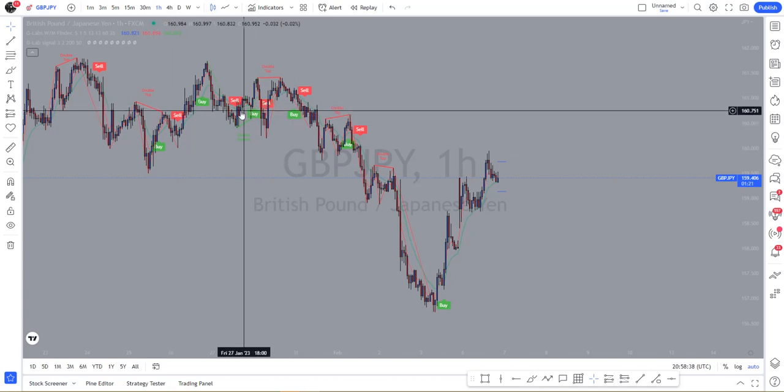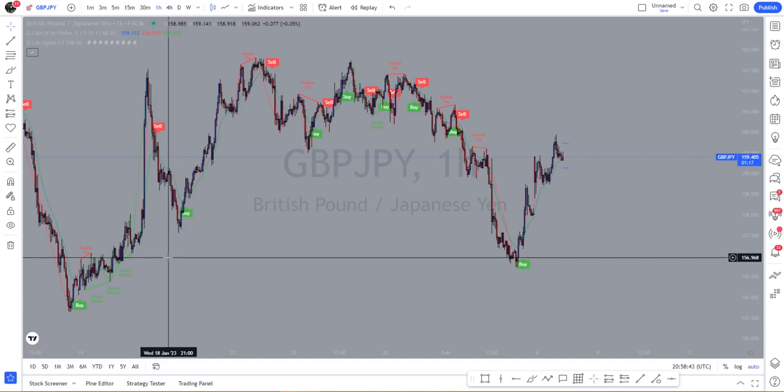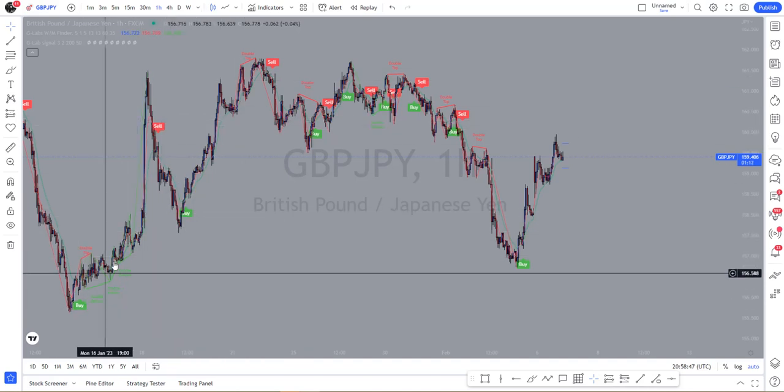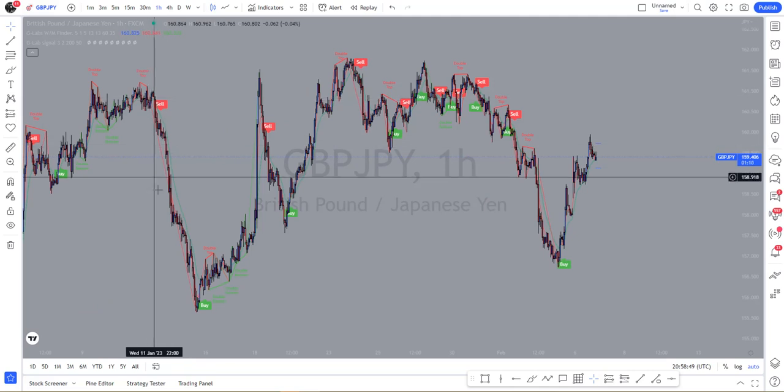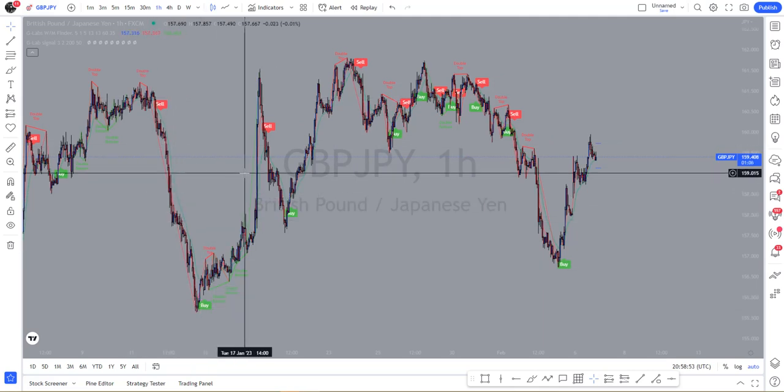These ones are chopping, so a little bit less sturdy. Nice buy signal, nice sell signal, nice buy signal, nice sell signal. This can be made more sensitive and also less sensitive as well. Combined with the other factors is also a really nice indicator to add to your arsenal.